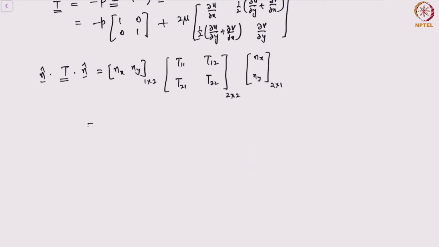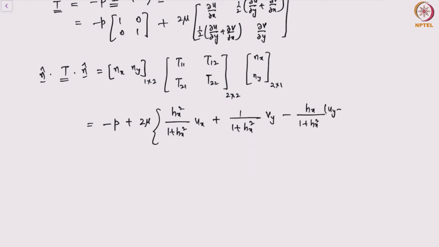If I substitute this, I get minus p plus 2 mu times hx square by 1 plus hx square times ux plus 1 by 1 plus hx square times vy minus hx by 1 plus hx square into uy plus vx.